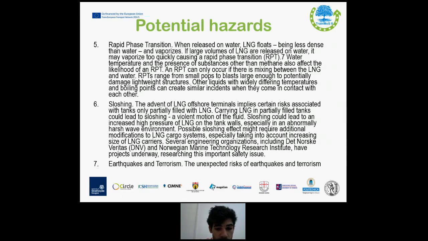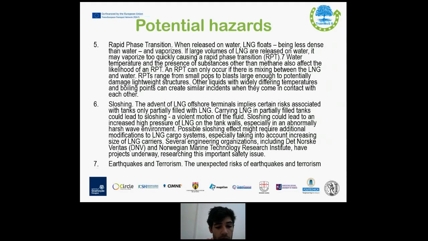Possible sloshing effect might require additional modifications to LNG cargo systems, especially taking into account increasing size of LNG carriers. Several engineering organizations, including Det Norsk Veritas (DNV) and Norwegian Maritime Technology Research Institute, have projects underway researching this important safety issue.